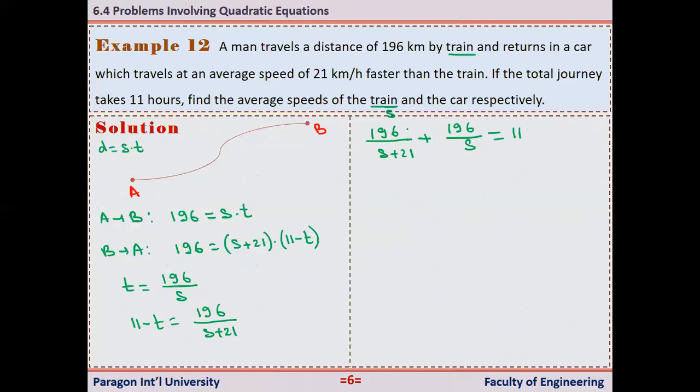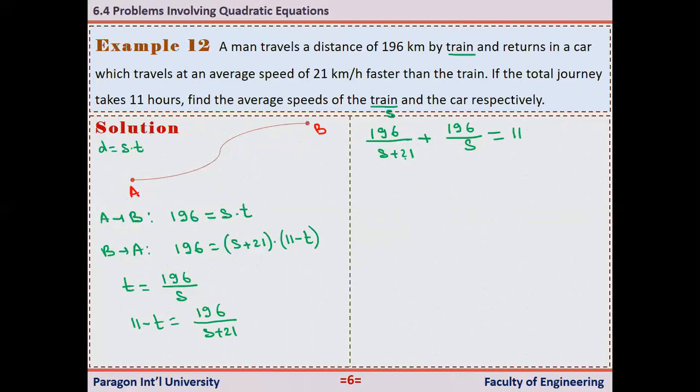Actually, this is the time taken to travel from A to B, and this is the time taken to travel from B to A. It's just an equation reducible to a quadratic equation, and we are hoping so, at least.